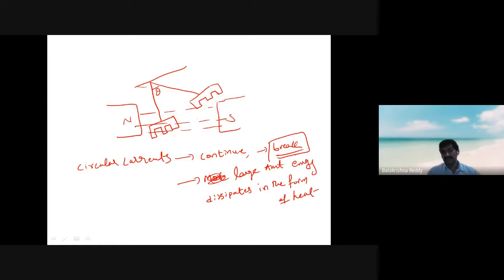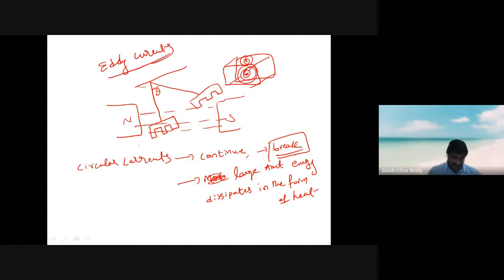If it is a thick solid metal piece, more circular currents will be produced, and due to the circular currents more dissipation takes place. Whereas if you use strips, we can break up the current and reduce the eddy currents. So this is the way we can reduce them.